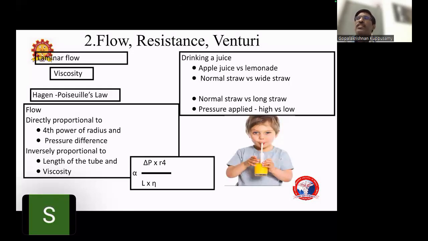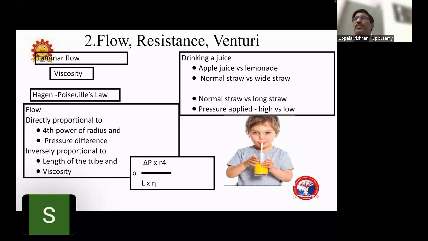How to imagine this? A child drinking a juice. Consider apple juice and lemonade. The apple juice will have a low flow compared to lemonade. Take a normal straw versus a wide straw. The child will be able to drink juice easily with a wide straw.